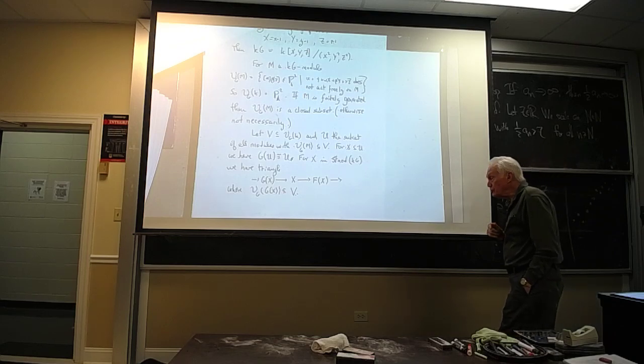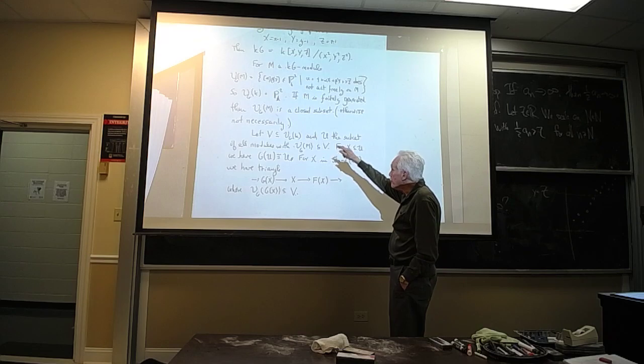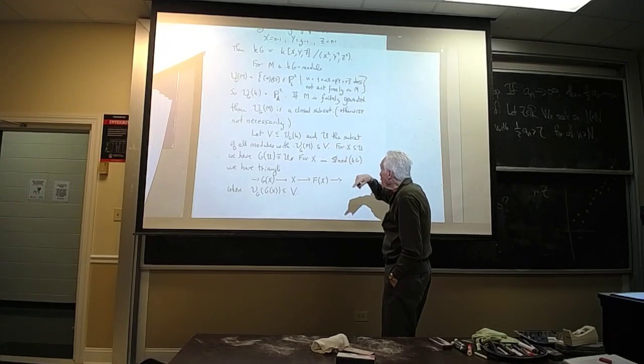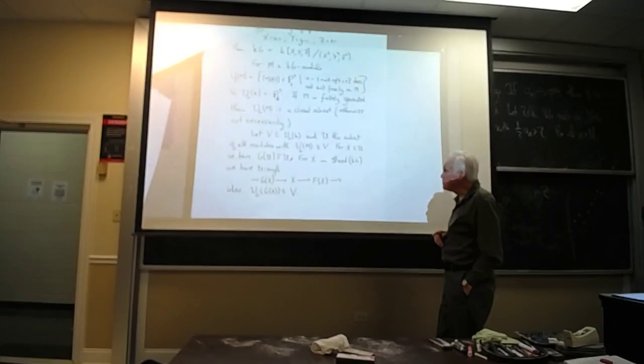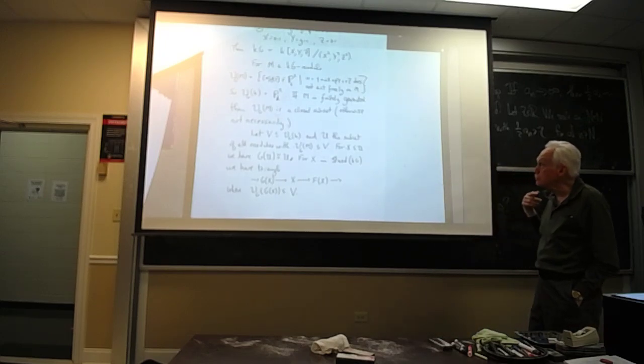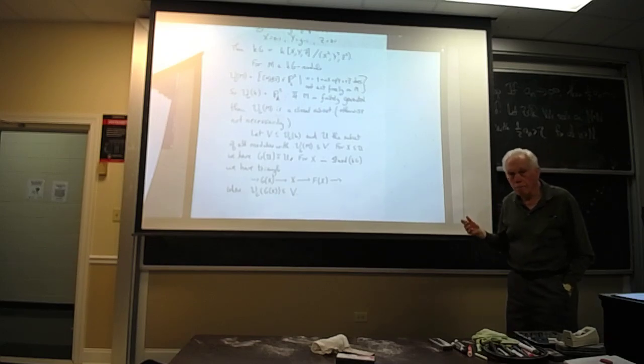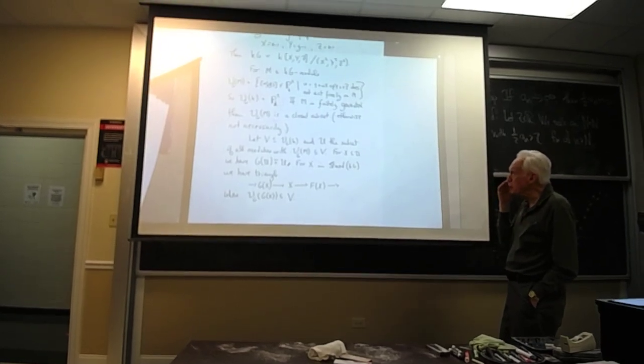And now what the classification says is that if I've got V, which is some subset of V_G(k), and V_G(k), of course, is going to be the entire projective plane, the entire projective 2-space.